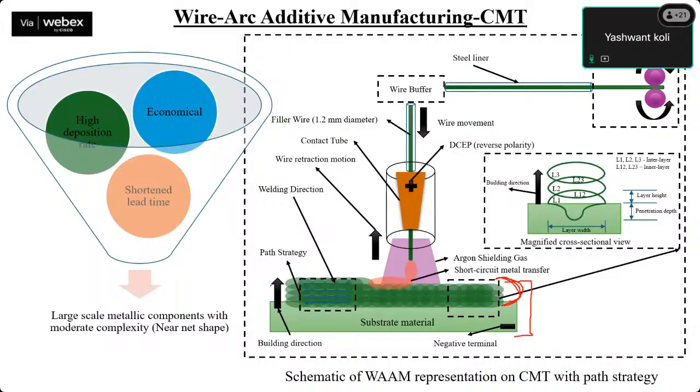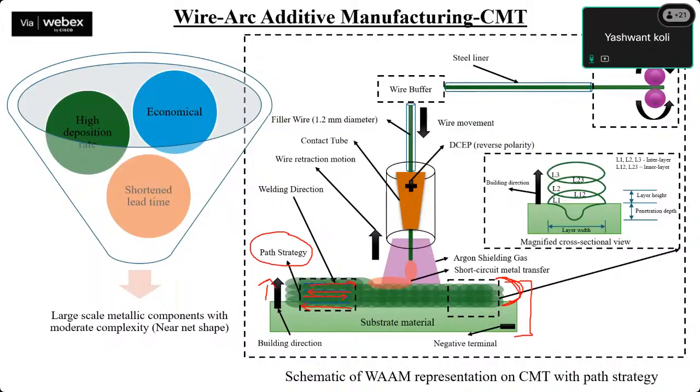This is the building direction, given this side. These are the path strategies that are adopted, and this can be optimized also. In this schematic diagram, I've taken a bi-directional strategy. From point A to point B, then deposition starts from B to A, alternating. So this is called the bi-directional strategy.